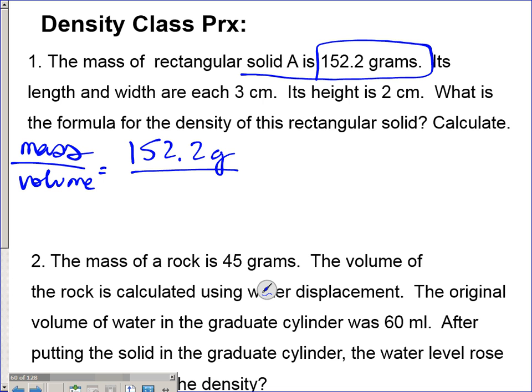Do we have the volume given to us? No. But we have step 4 volume, right? So how are we going to find volume? Okay, so length times width times height. So what's that? Can you tell me the math for it? 3 centimeters times 3 centimeters times 2 centimeters.